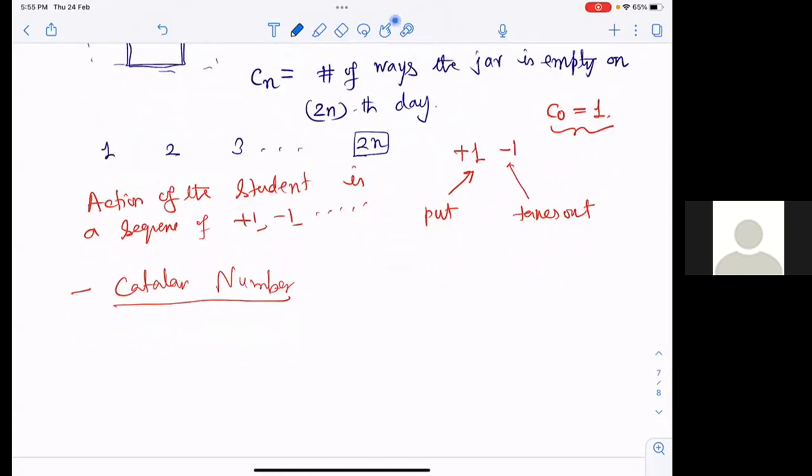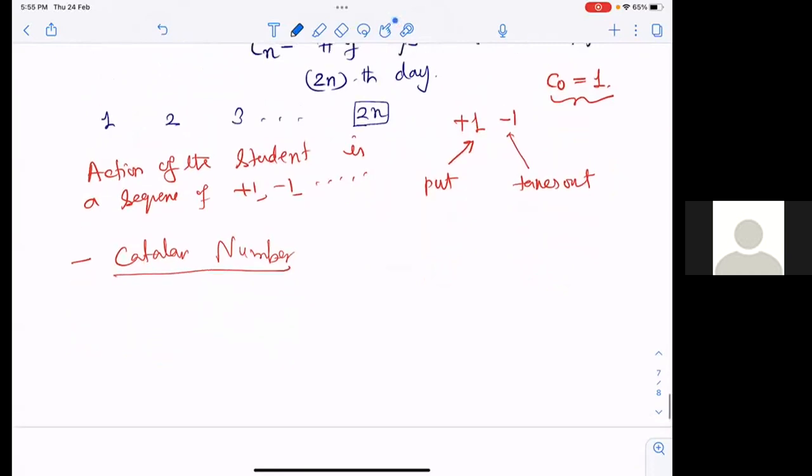We'll do one way. What is the condition? The jar should be empty on day 2n.